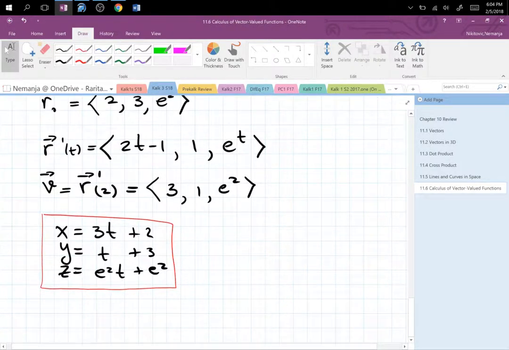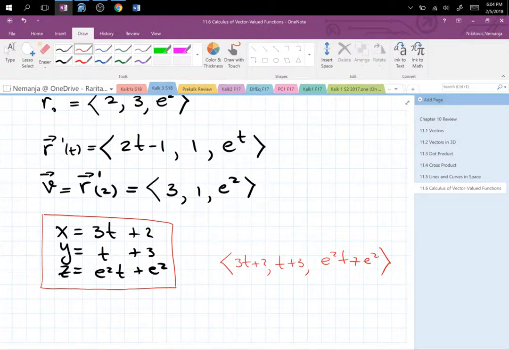You can also write it in the form of a vector: 3t plus 2, t plus 3, and e squared t plus e squared. Is everyone happy with this?